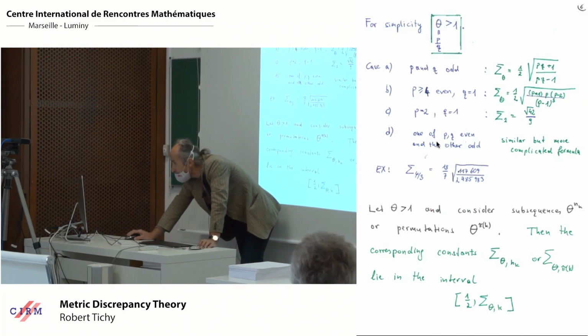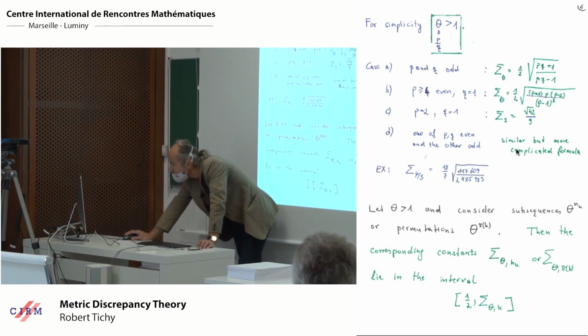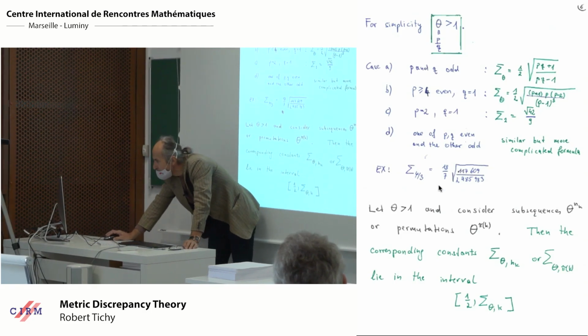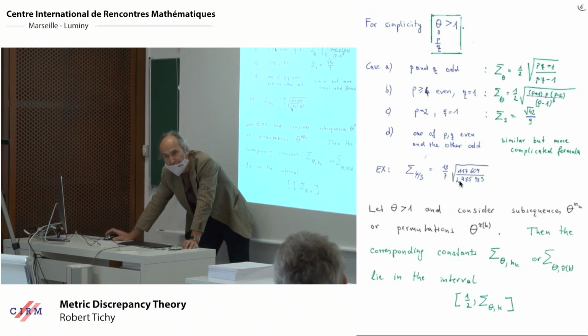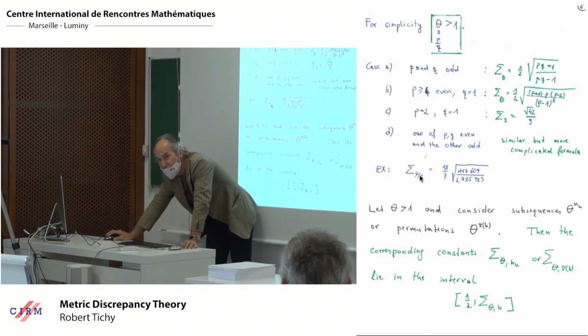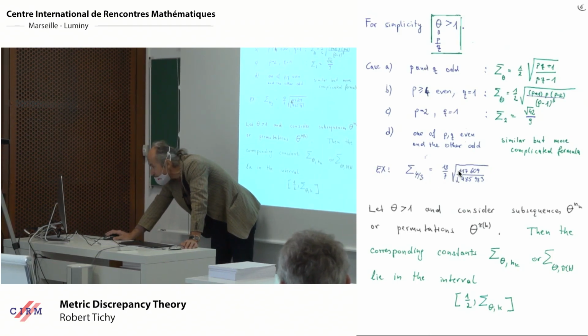And in the case that one of the P and Q is even and the other is odd, similar but more complicated formula. Just to explain this example, you see huge quadratic irrationals show up here in the computation of these constants. So there is a delicate arithmetic behavior. As I mentioned before, if theta is transcendental, the outcome is 1/2.